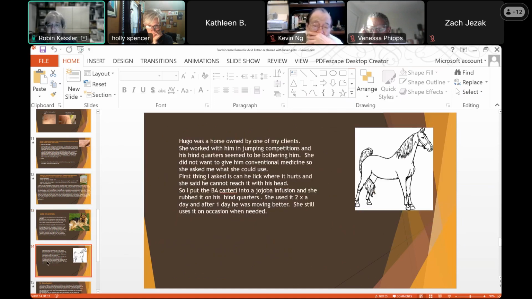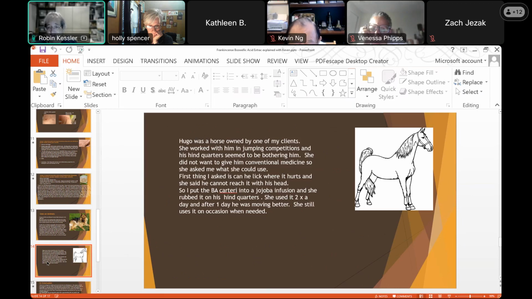There was another case where it was in a horse. He was a horse owned by one of my clients. She worked with him. He was in jumping competitions, and his hindquarters seemed to bother him. The first thing I asked is, "Can he reach where it hurts?"